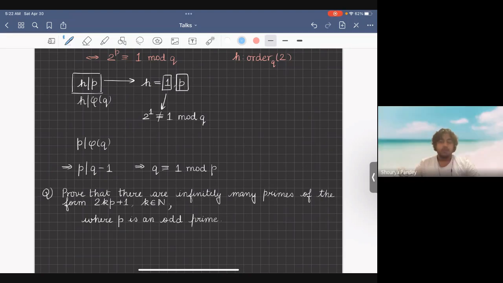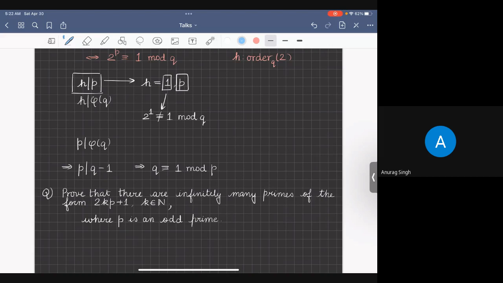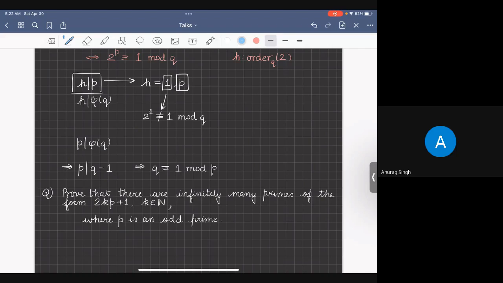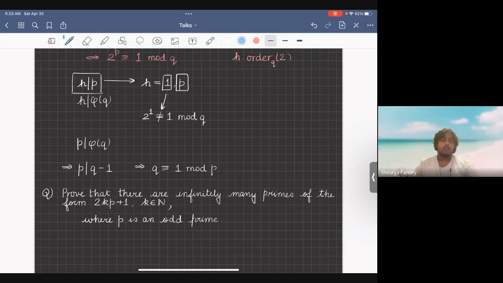So there has to be one factor of m that is congruent to 1 mod 2p. Why? That's not true. Same example: 9 is 1 mod 4, but 9 is 3 times 3, and neither of the 3s is 1 mod 4.